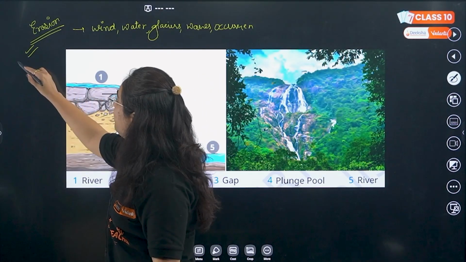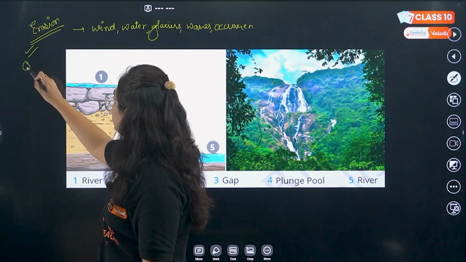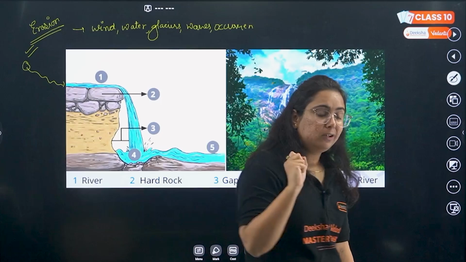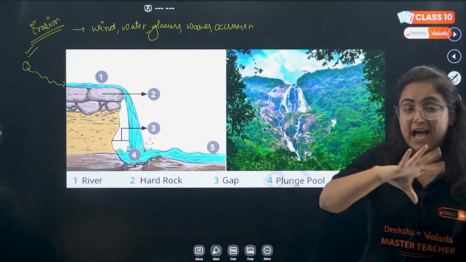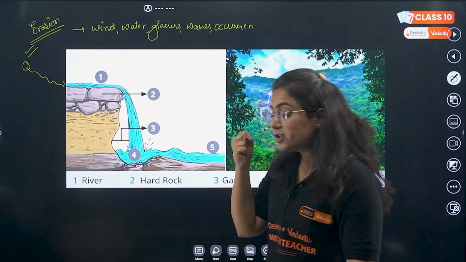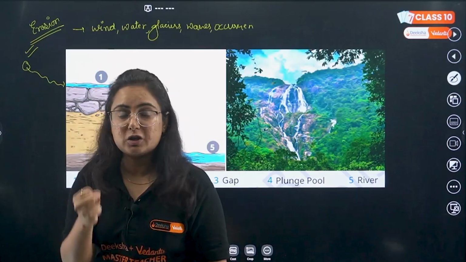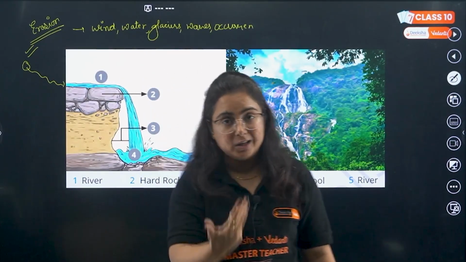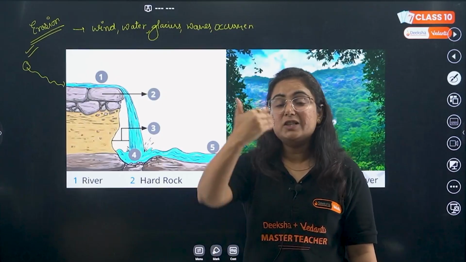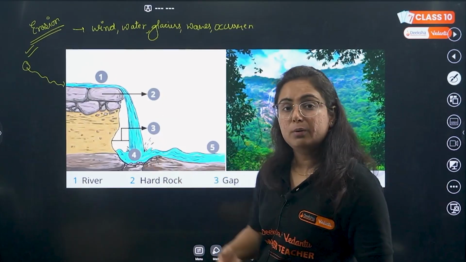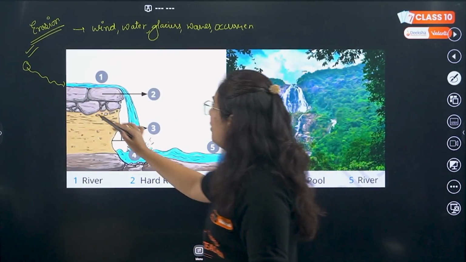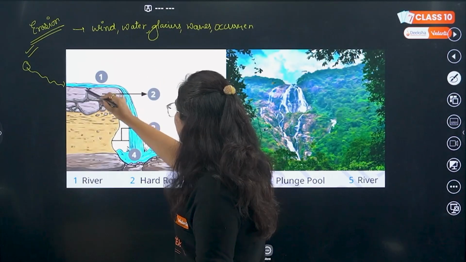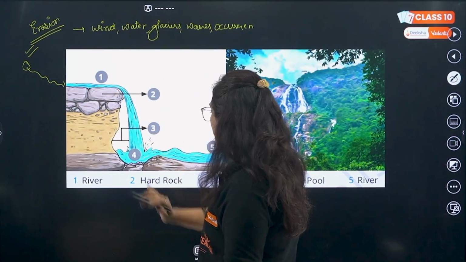Whenever a river is flowing through the mountains, the river will find certain hard rocks as well as soft rocks. The soft rocks, because of the pressure of the running water, erode fast, weather fast, and hence lead to the formation of several landform features. Like here, water was flowing, here were soft rocks which get eroded, and hence a shape is formed, that is a waterfall.